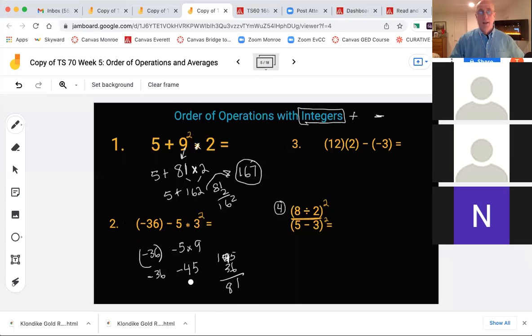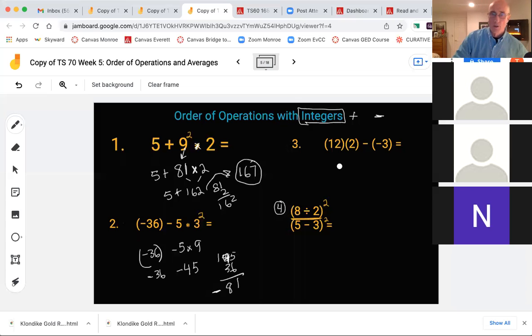Okay, and I keep the sign. They're both negative numbers, so it'd be a -81, okay? Because I was adding these two together. Okay, we went through that kind of fast, but I think you got the idea. Do the exponents after you do what's in parentheses here, okay?